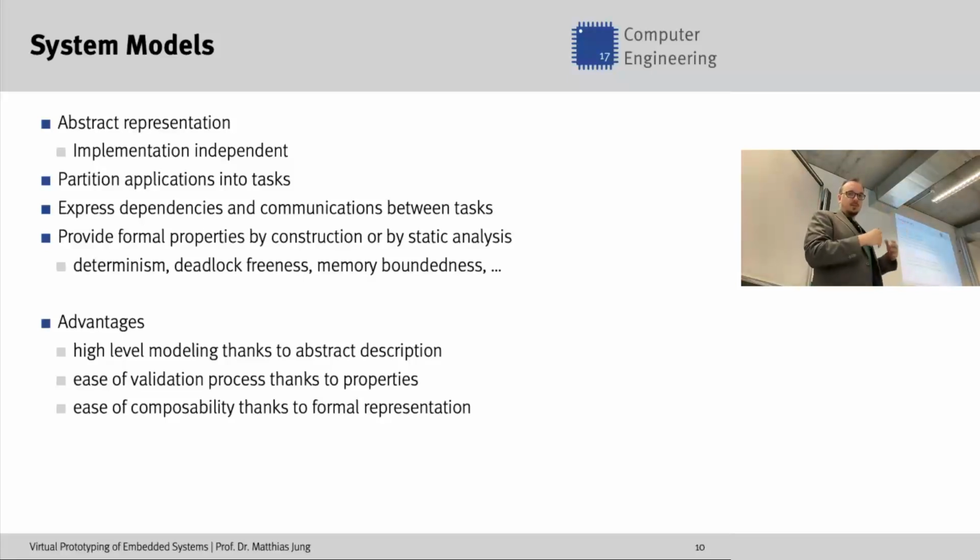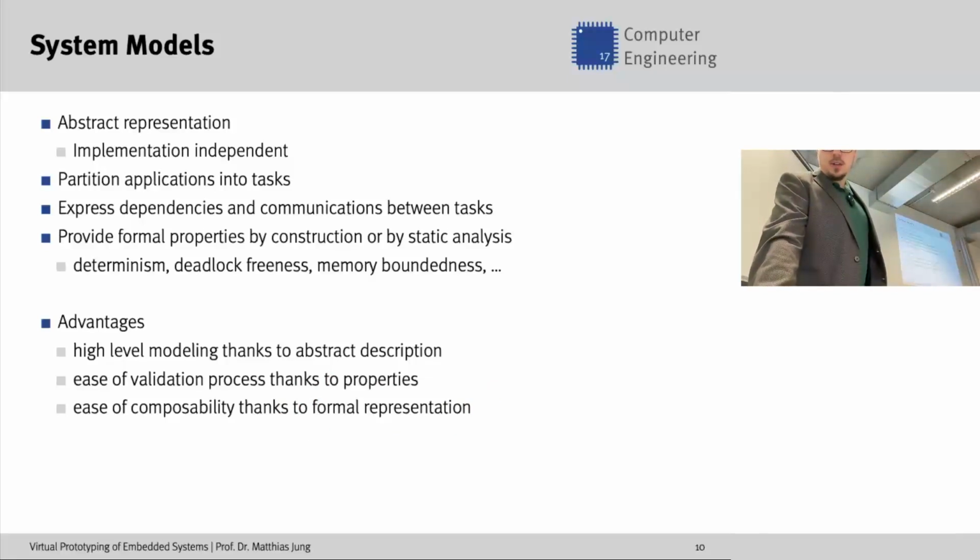It's much easier to model something in TLM compared to, for example, VHDL or Verilog in a cycle-accurate way. And this also helps us to validate much earlier. The cool thing about a system model is also that we usually have some kind of formal representation, so we can also sometimes prove something. This is also pretty helpful.